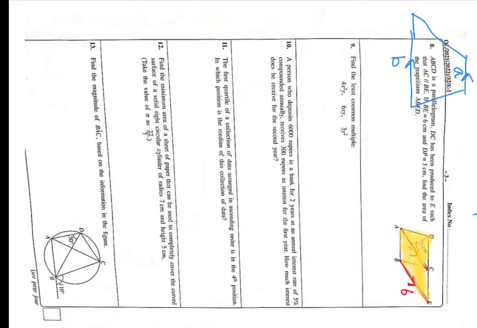Let me take these two as A. This is side A. This is side B. Then the perpendicular distance between the two parallel lines, we need that. I'll consider that as H. Perpendicular length between two parallel lines. Then area is half times sum of the two parallel lines, A plus B, into perpendicular height H. That is the equation of area of a trapezium.